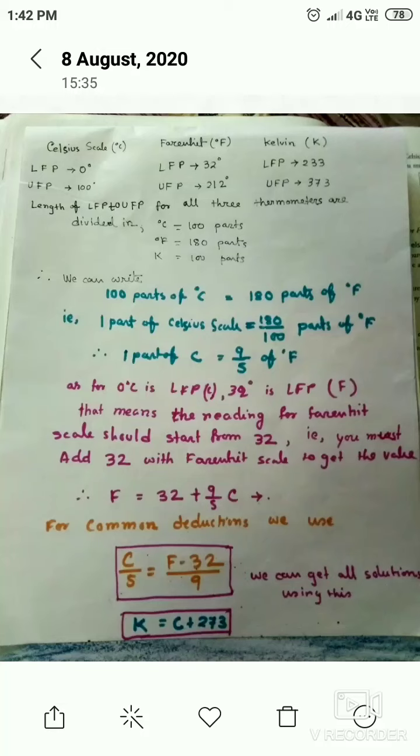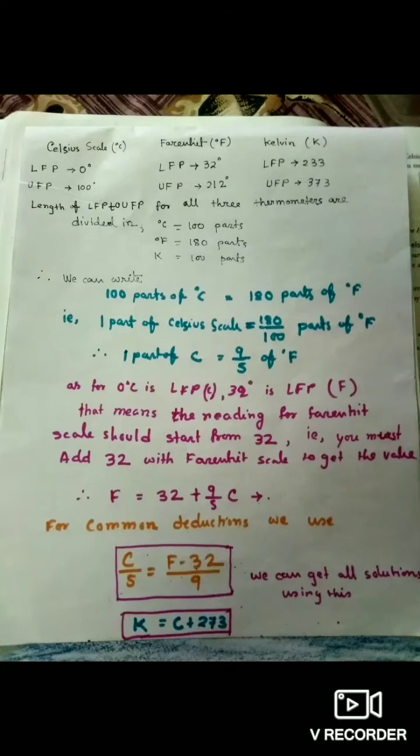As both the Celsius and Kelvin scales are equally divided into 100 parts, 1 degree centigrade equals 1 K. But as the Kelvin scale starts with 273, in case of Kelvin we have to add 273 plus centigrade. This is the common relationship between centigrade, Fahrenheit and Kelvin.